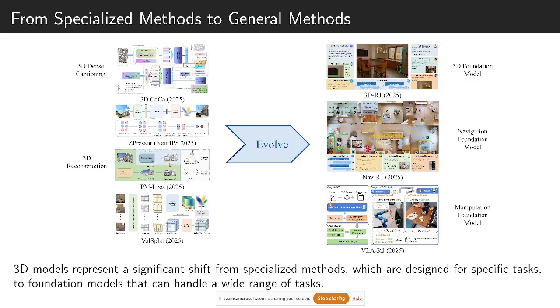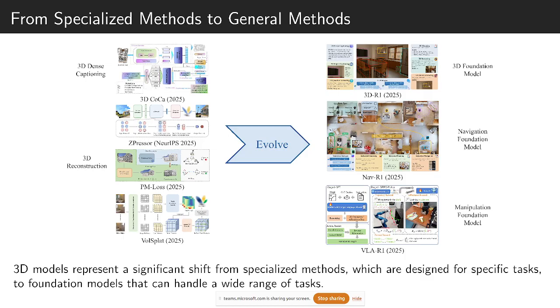These have evolved into a generalist framework, a model capable of handling different tasks. For example, we developed 3D-R1, the main topic of today's talk, a foundation model that handles various downstream tasks of the 3D scene and helps the embodied agent understand what's going on around it.